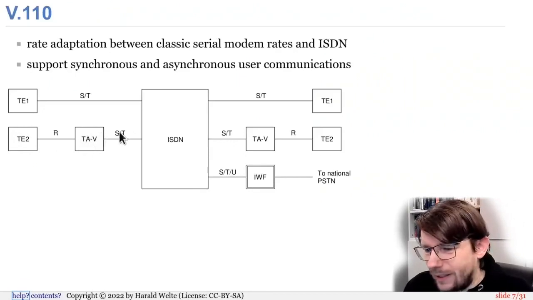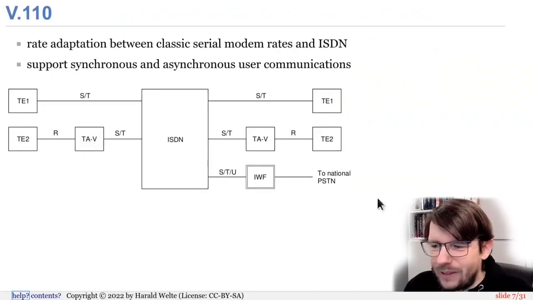And it calls over ISDN an analog phone number in the analog network, and an interworking function is placed here to the national PSTN. The suggestion was made for GSM. Yes, that's for GSM, but here it says PSTN and not GSM. So I'm asking whether anyone knows about network-based interworking functions between analog modems and ISDN terminal adapters.